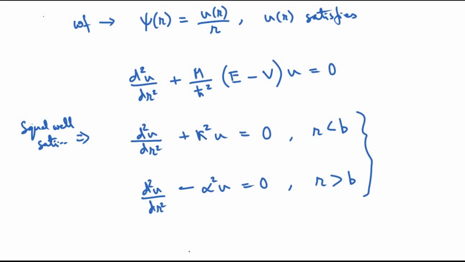Where basically alpha square is equal to m times the binding energy by h cross square, and kappa square is equal to m by h cross square times V0 minus the binding energy. The total energy of the system is of course negative of the binding energy of the deuteron.